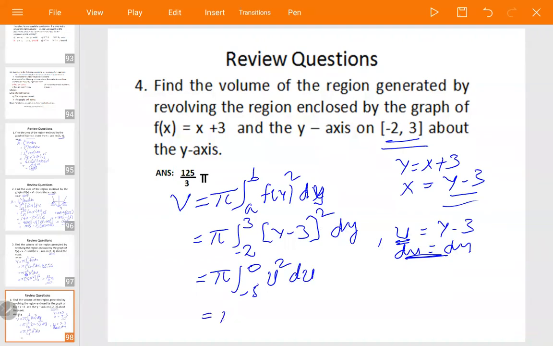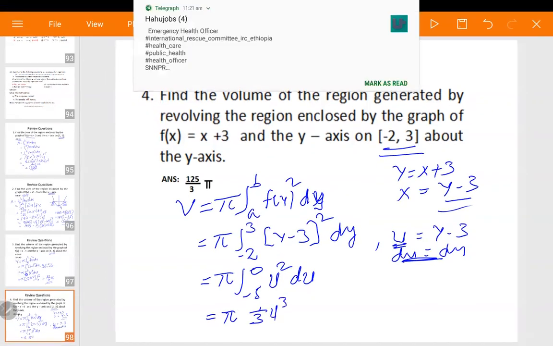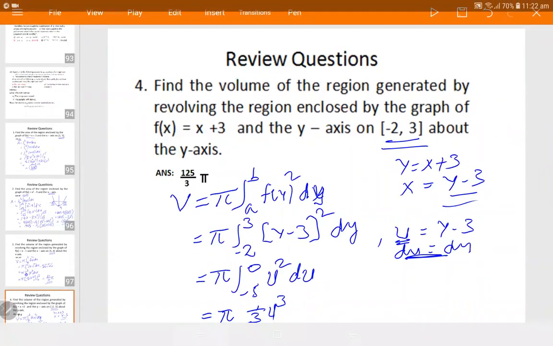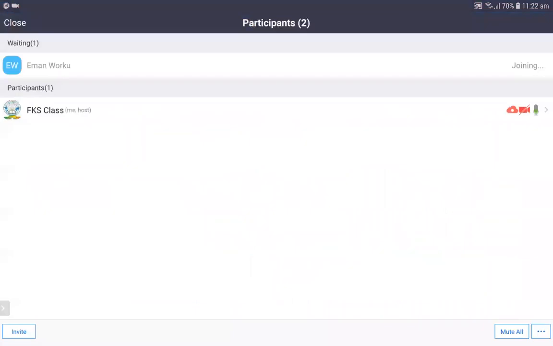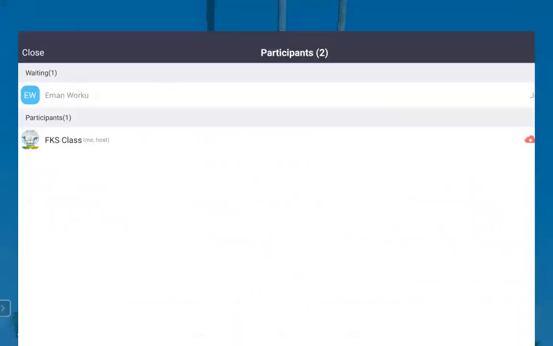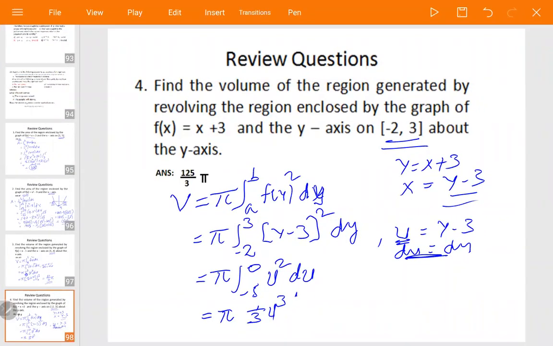Pi times the integral of u squared is 1 over 3 u cubed. So evaluate this from negative 5 to 0.